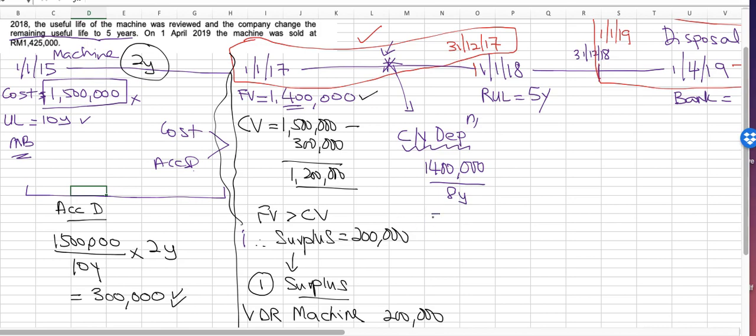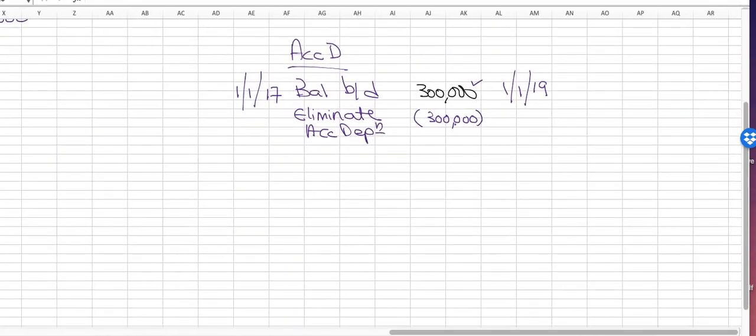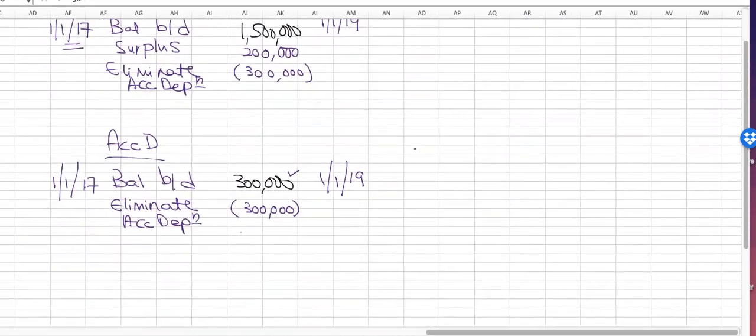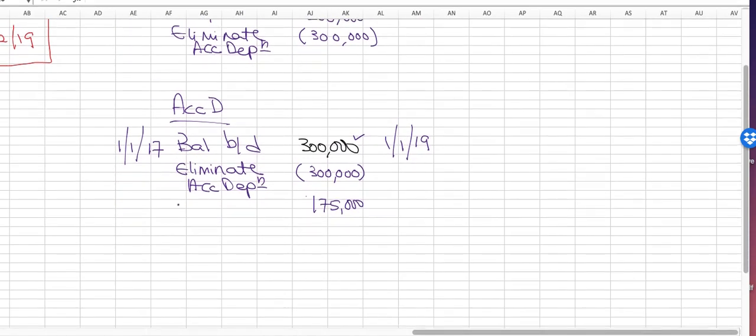So you get 175,000. This is depreciation in 2017. This is a new value, therefore this must be the balance, the remaining useful life. Okay, so 175,000 is depreciation. So we know depreciation is debit depreciation, credit accumulated depreciation. So 175,000 goes here. This is depreciation.